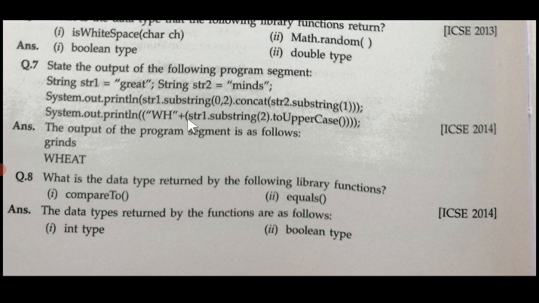Just a minute, wh plus str.substring(2). So 0 1 2, EAT will be extracted. So WHEAT, it will return in the small letters, then toUpperCase, it will become capital EAT, so it will be wheat. So that will be the second string.